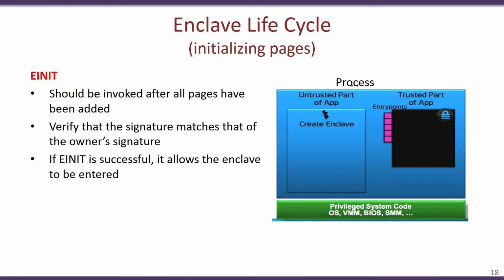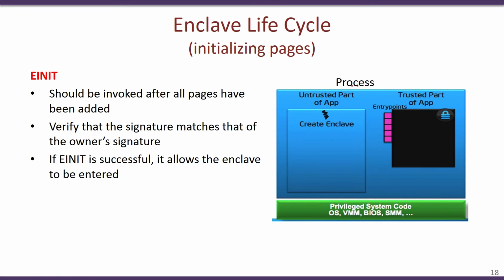After EEXTEND, the next instruction that gets invoked is EINIT. EINIT is again a privileged instruction and therefore should be done by the operating system. It is invoked after all the pages have been added, and essentially it verifies that the signature matches that of the owner signature. If EINIT is successful, it allows the enclave to be entered.